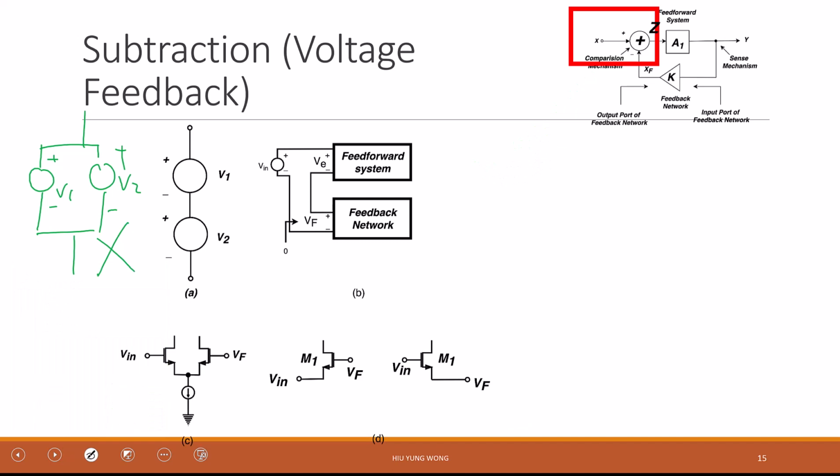What is the relationship between V in, VE, and VF using KVL? What's the relationship between V in, VE, and VF? This is V in, VE, VF. What minus? V in minus what?